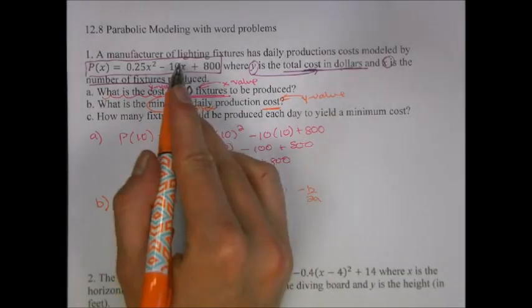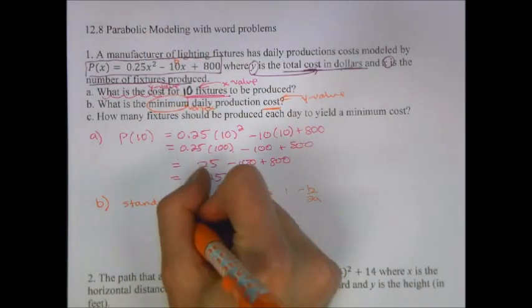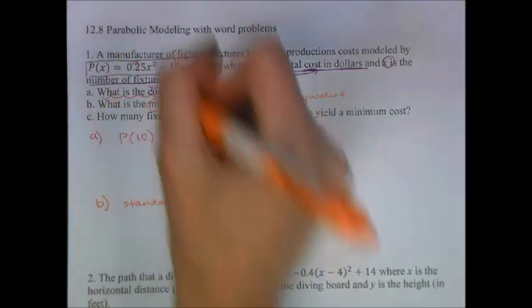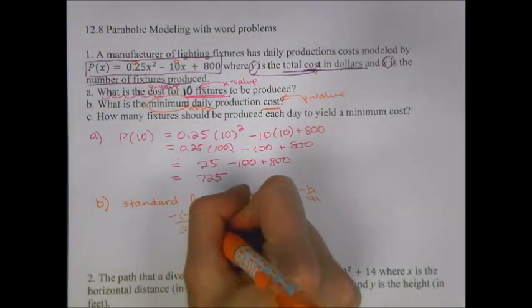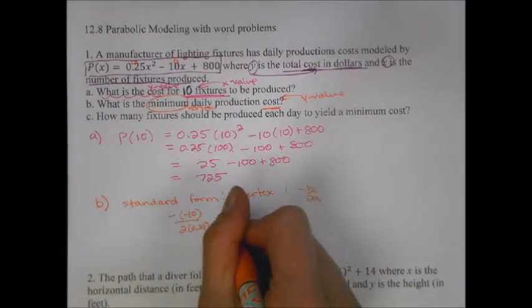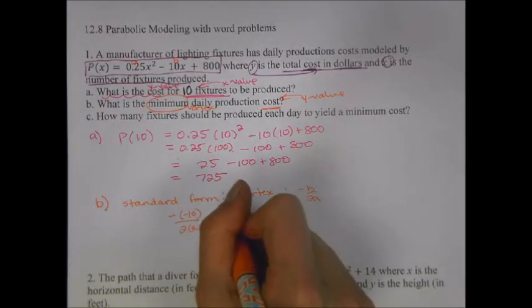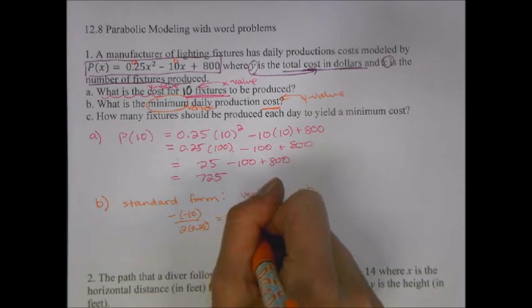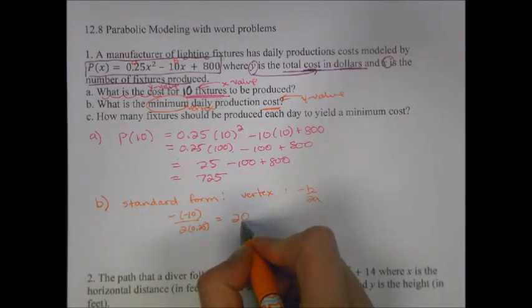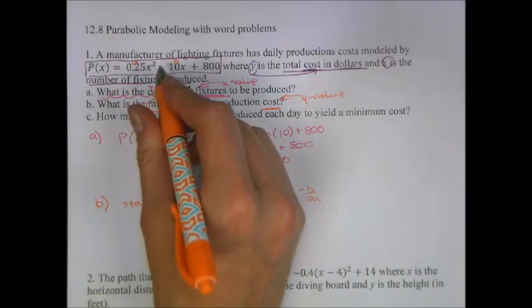So negative, my b is negative 10, over 2, my a is 0.25. Go ahead and plug that in the calculator, and you should get 20. But remember, this is my x value. To find my y value, I then plug it in.